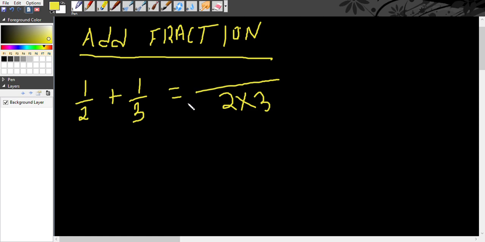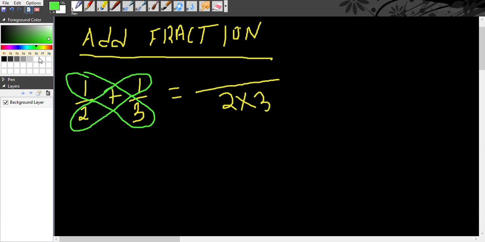And on top, we get a different color. We'll just cross multiply. We'll multiply 3 by 1, and then we'll also multiply 1 by 2.